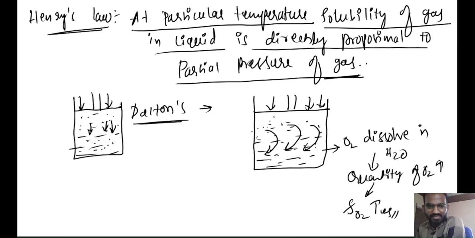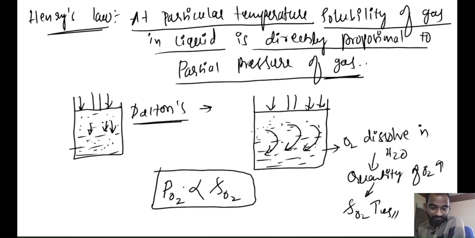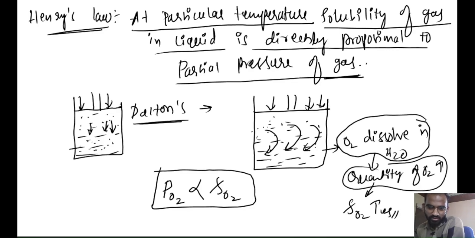So that is what is called Dalton's law or Henry's law. What he says is that the partial pressure of gas is directly proportional to the mole fraction of gas in solution. If the partial pressure of gas is more, then more O2 will dissolve in water, then the quantity of O2 will be more. If the quantity of oxygen will be more, means what?